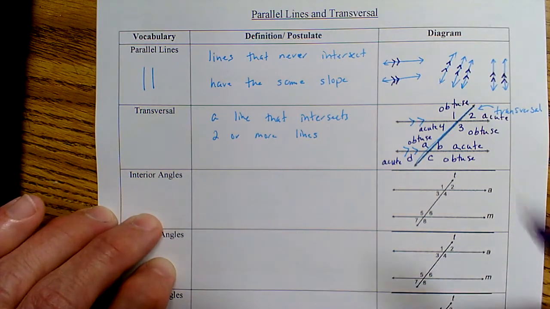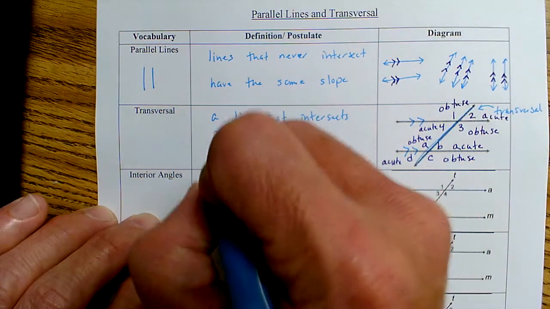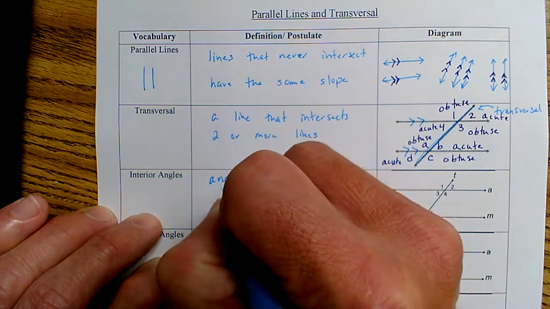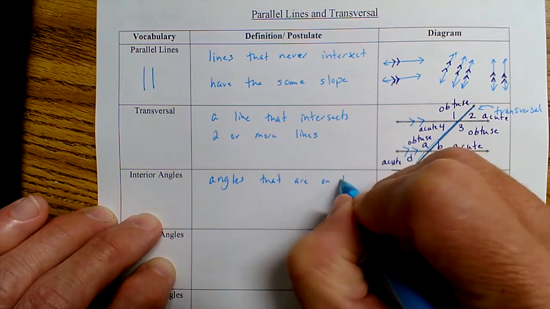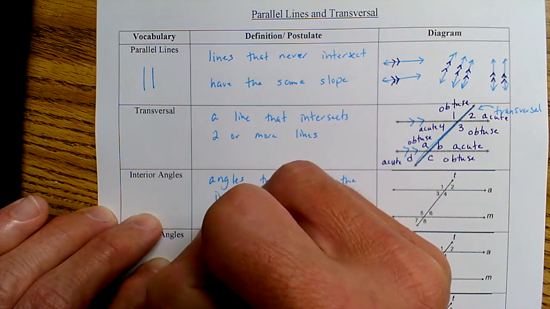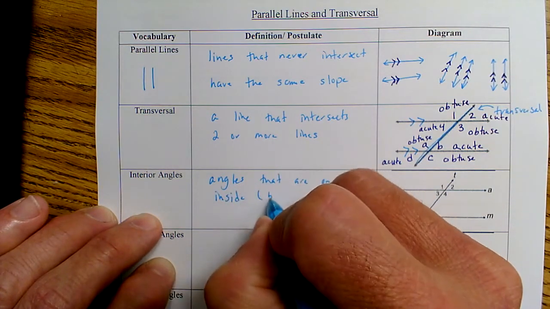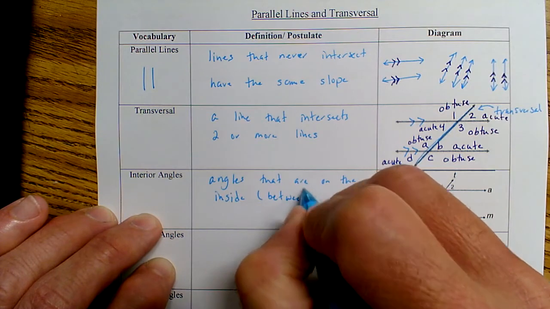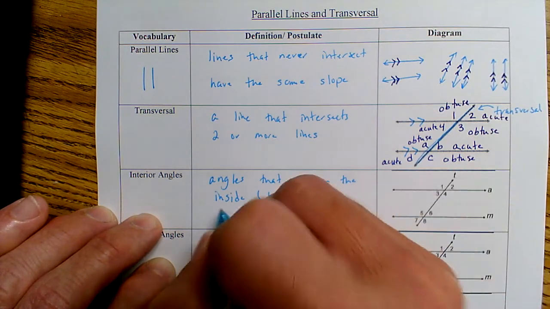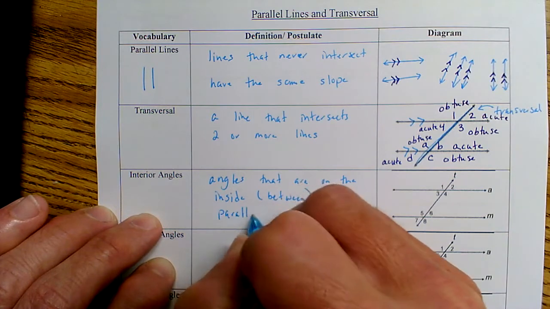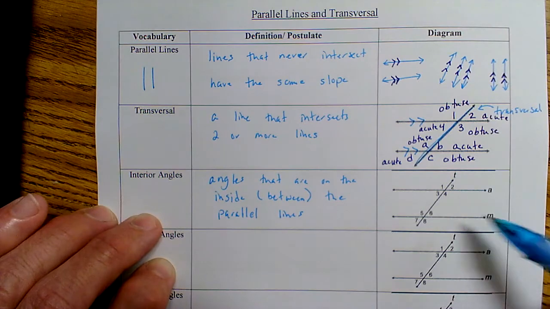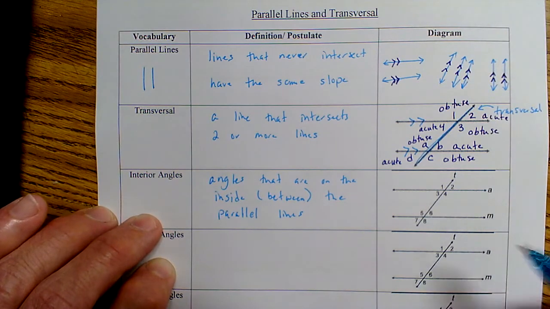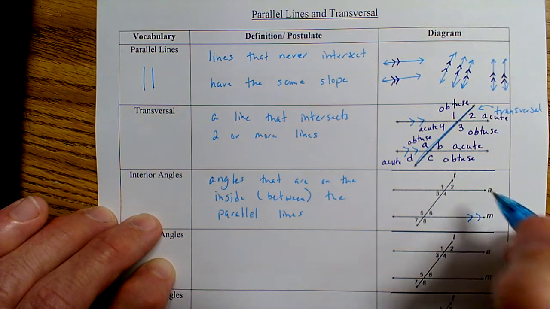So interior angles, when we're talking about parallel lines and a transversal, interior angles are angles that are on the inside or between the parallel lines. So as I look at my angles over here, I have a line A and a line M. Again, we are presuming that they are parallel.